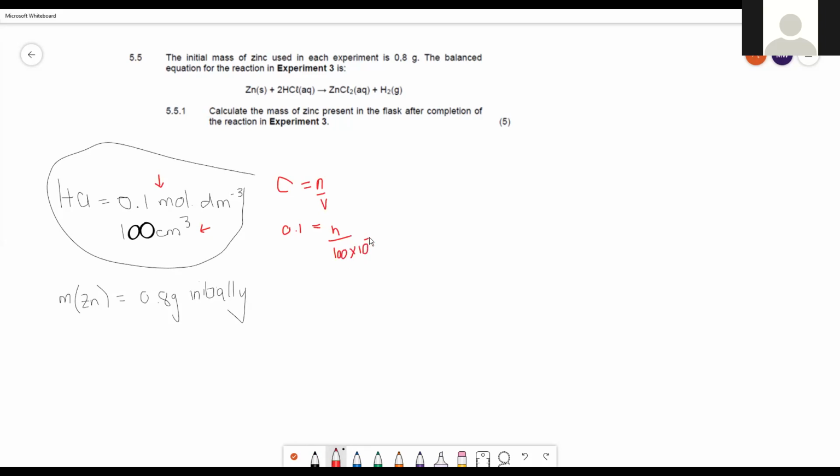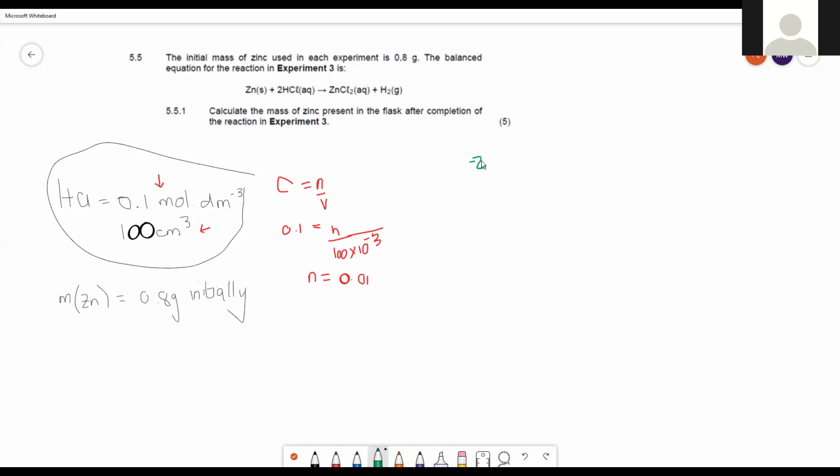Remember that your volume needs to be in decimeters cubed and not centimeters cubed. That's why the 10 to the negative 3 is there. So then you get your moles to be 0.01.